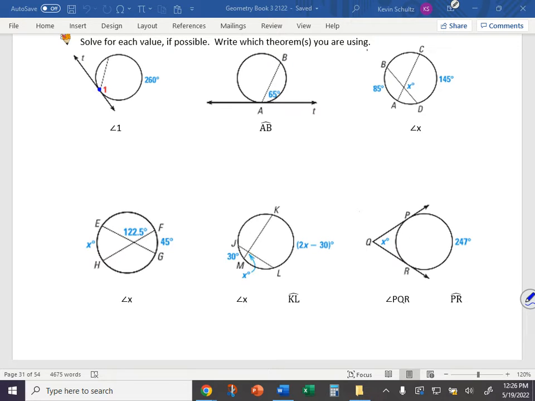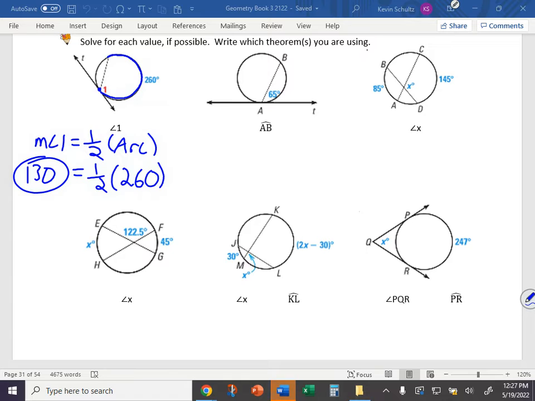That's the tangent chord relationship here. And so for angle 1, we've got this arc coming around here. Our formula was the measure of angle 1 is half the arc, right? Our arc measure is 260. So angle 1 is going to equal half of 260, and so angle 1 is going to equal 130.